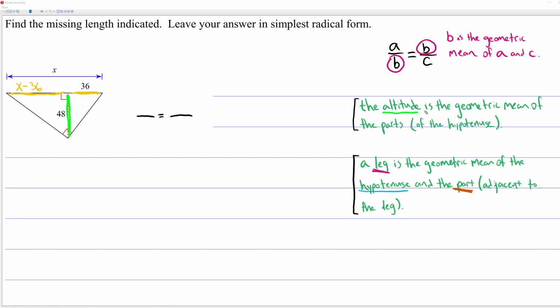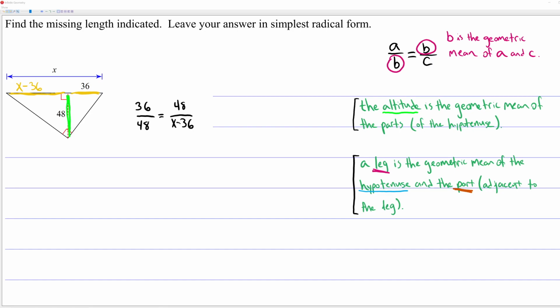The altitude is the geometric mean. The altitude is labeled with 48. That means 48 goes in two places in our proportion equation. So the altitude is the geometric mean of the two parts. One of them is labeled with a 36. The other is labeled with x minus 36.